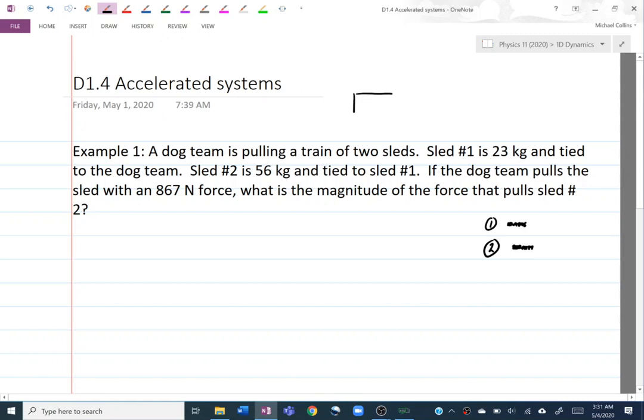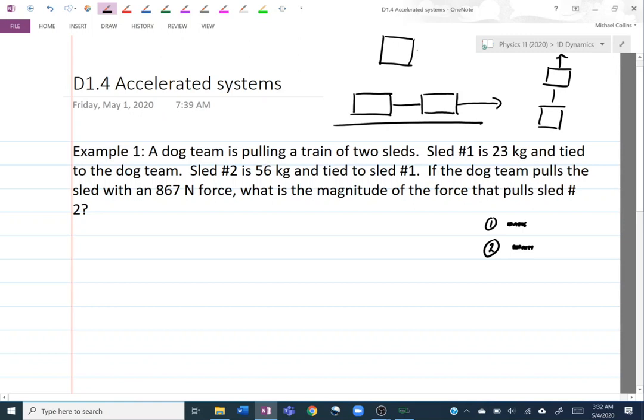Usually you've got two objects that are either tied together left and right on a surface, and you can pull them along like that. Or you could have two objects hanging, and they'd either be pulled up or let down. The third option is two objects pushing up against each other.